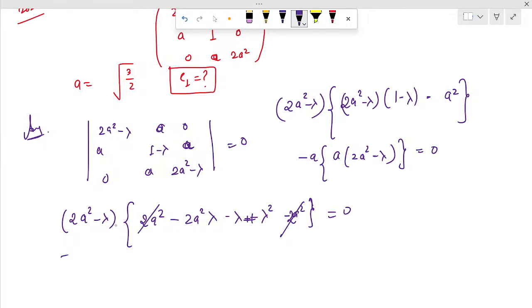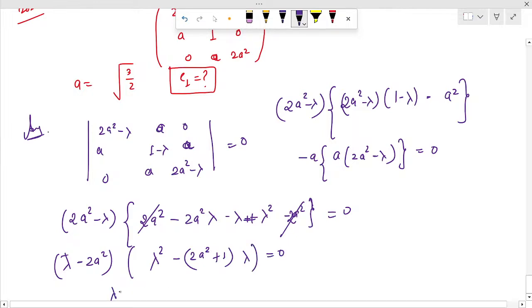If I take a negative, I'll get lambda minus 2a square, and then lambda square minus of 2a square plus 1 lambda equal to 0. From here you know that one eigenvalue is 2a square, another eigenvalue is 2a square plus 1, another eigenvalue is 0.